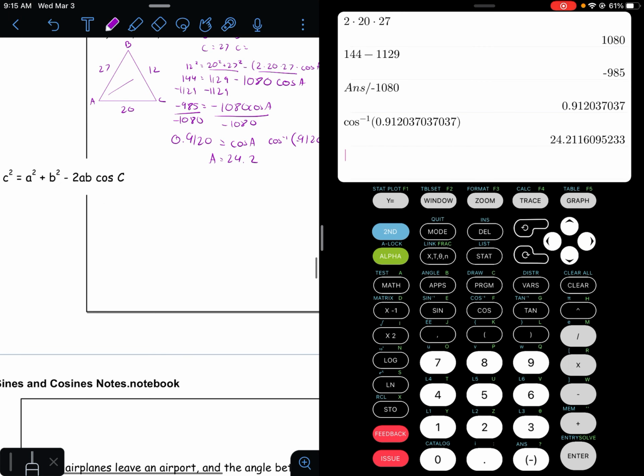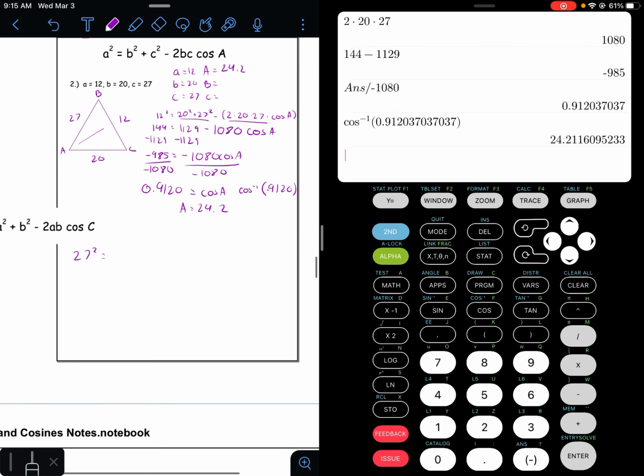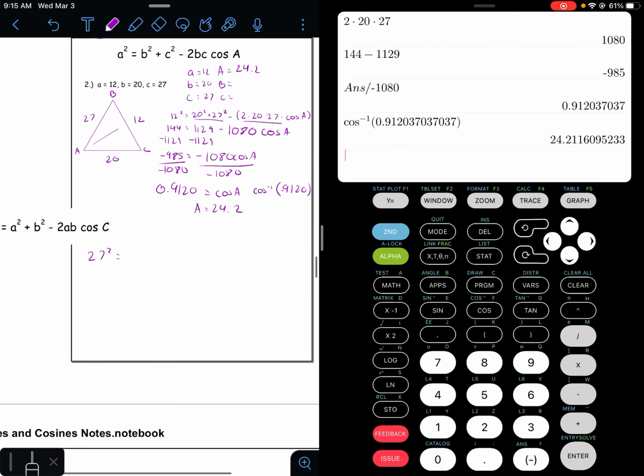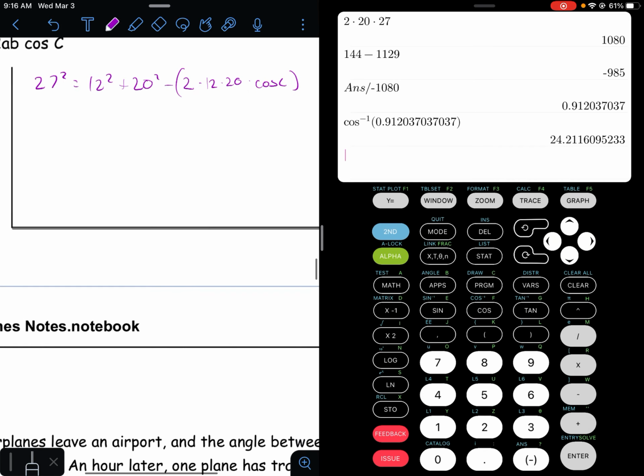We know that side C is 27, so we'll say 27 squared equals A squared, which is 12 squared, plus B squared, which is 20 squared, minus 2 times our A, which is 12, times our B, which is 20, times cosine of C. That's what we're solving for.